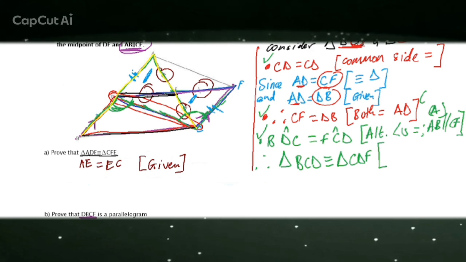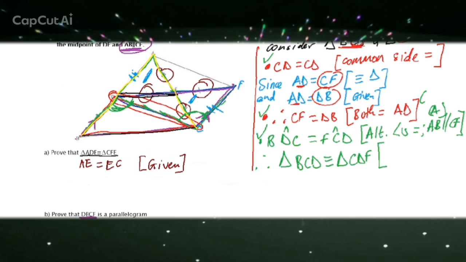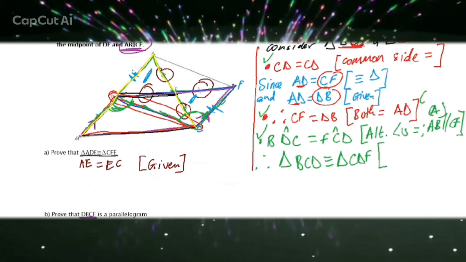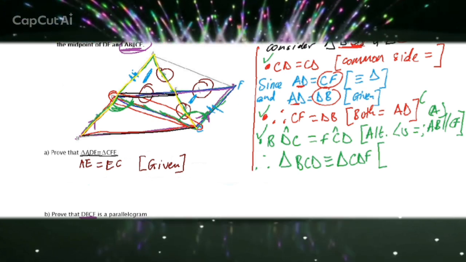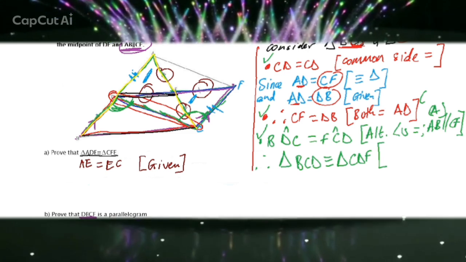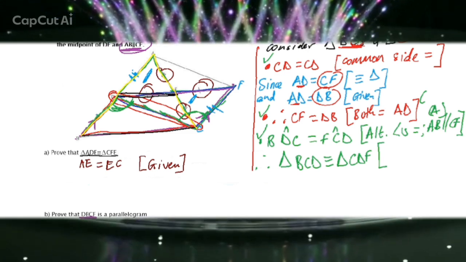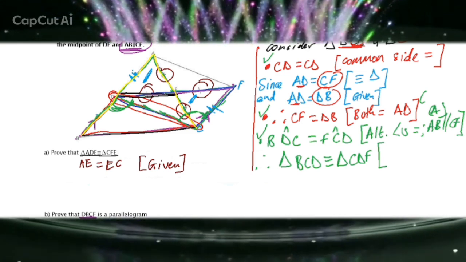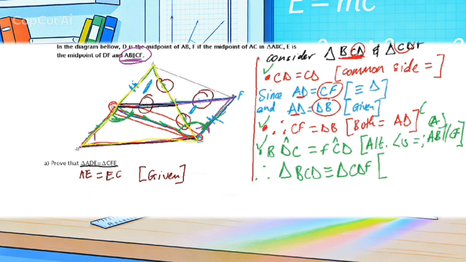So let's go to our sketch and look for DE. DE is the distance from here to here, and BC is the distance from here to here. So they're saying DE is half of BC, meaning BC is twice DE.